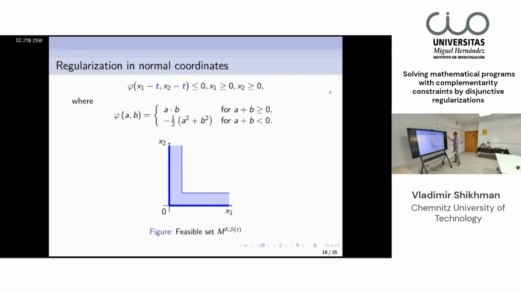If you have the reverse, so if you are below this line, then minus 1/2 (a squared plus b squared) should also be less or equal than 0.